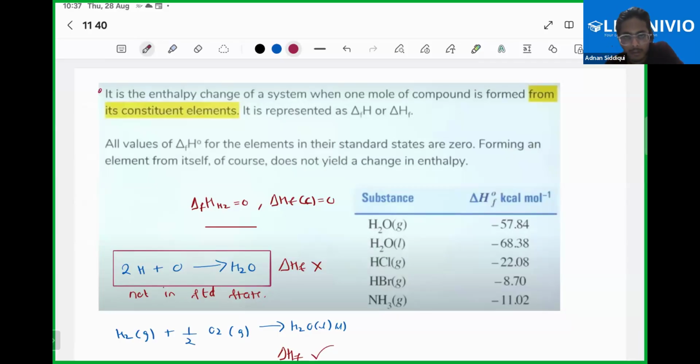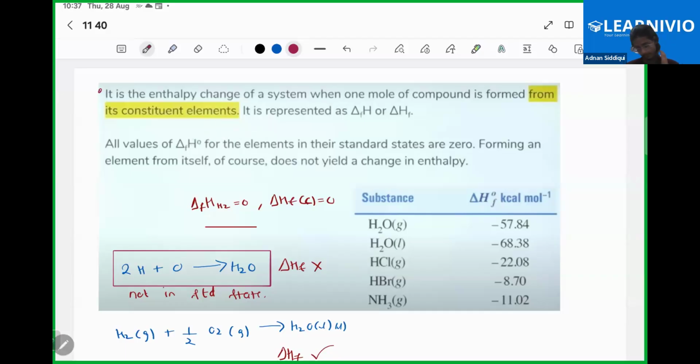Second, all values of delta H F naught. What does the naught mean? I told you in the last class, whenever we are introducing this naught term, we are standardizing the condition. Standard condition means you have room temperature, 1 atmospheric pressure, and unity concentration.